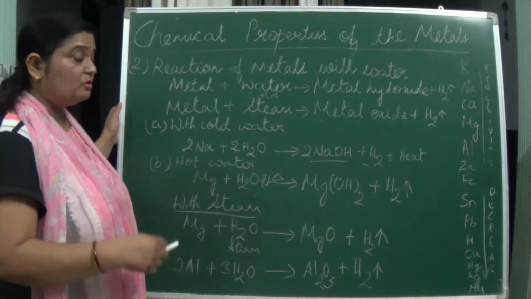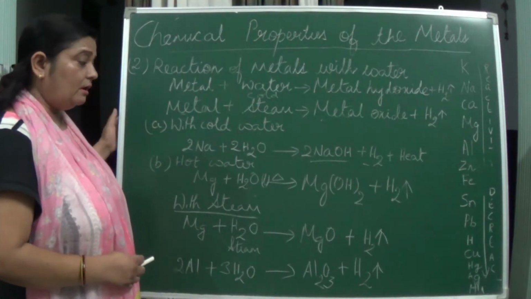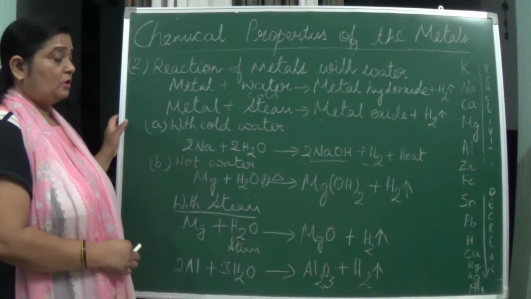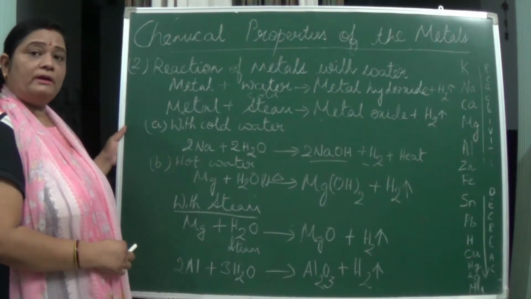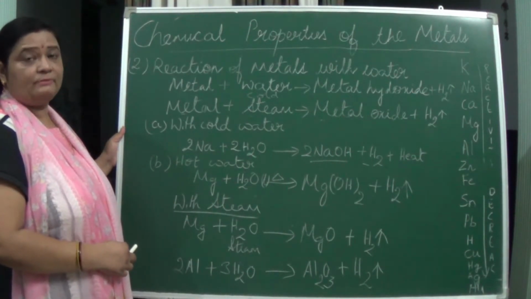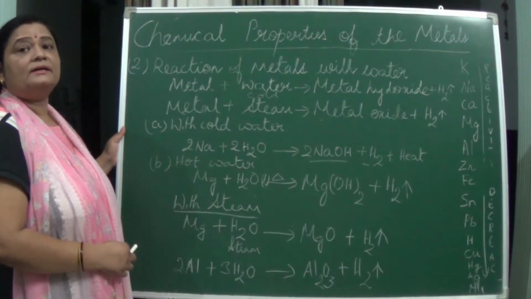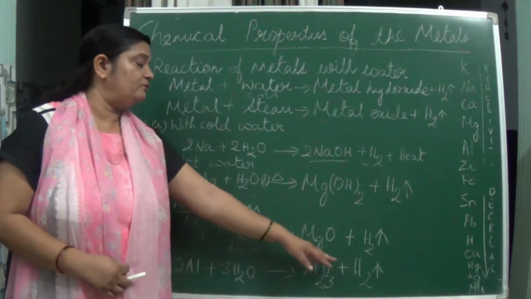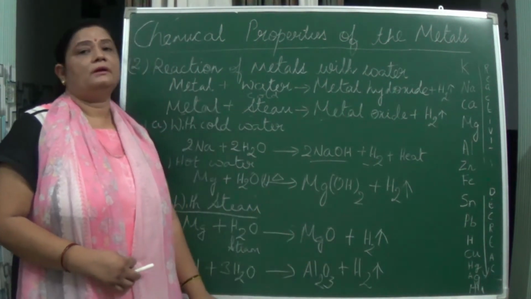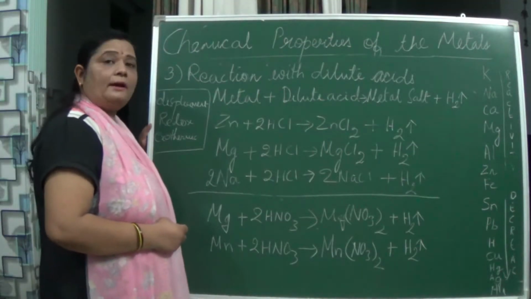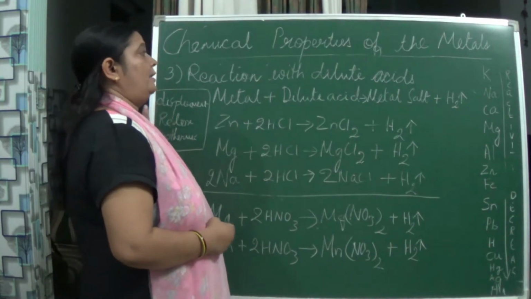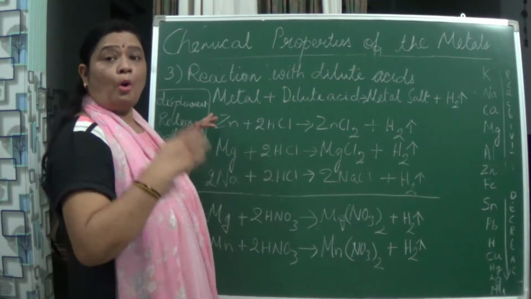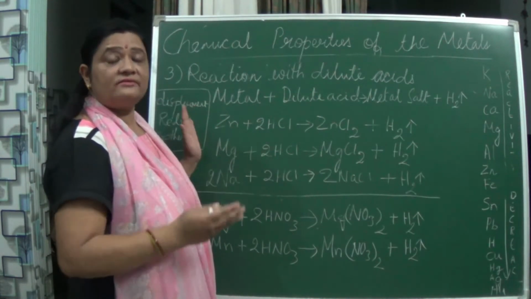But when we come to copper, does it give hydrogen gas and the corresponding oxide? No. On prolonged heating with steam, the reaction doesn't take place in the case of copper, and it does not displace hydrogen gas. So we have studied the reaction with water, different types: cold, hot and with steam, all according to the reactivity of the metal.